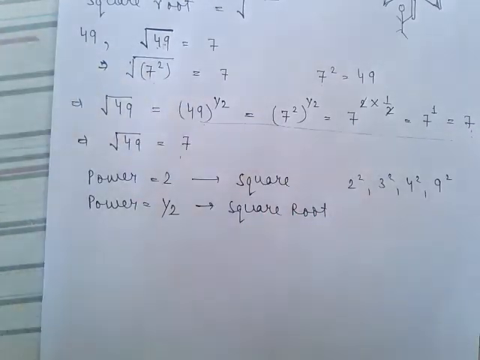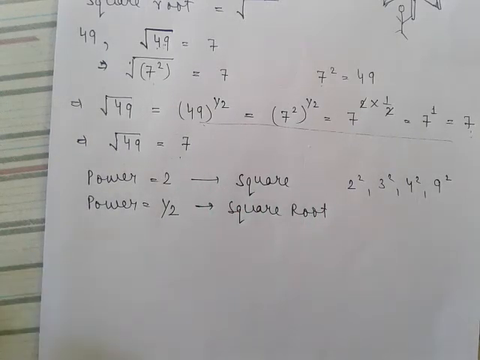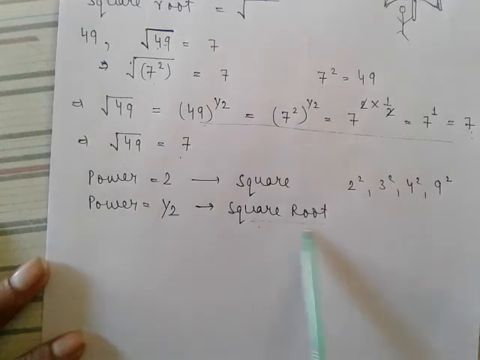Square root simply means that you are putting a 1 by 2 power, or half power, on a number. By putting a half power, you simply get the number which multiplied twice gives you a perfect square.